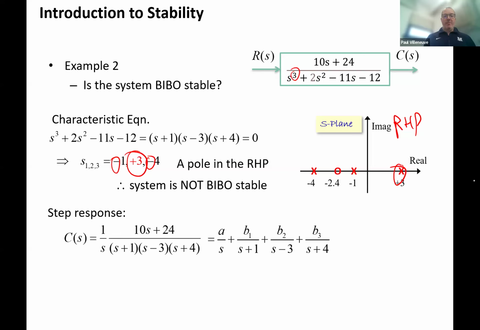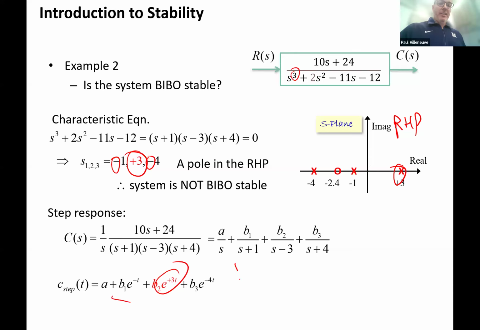So here's my step response. I come up with this when I do partial fraction expansion, and e to the plus 3t. What happens as time marches on? e to the plus 3t gets bigger and bigger and bigger. The other two, e to the minus t, gets smaller and smaller and smaller. If you don't like writing it this way, that's the same thing, right?